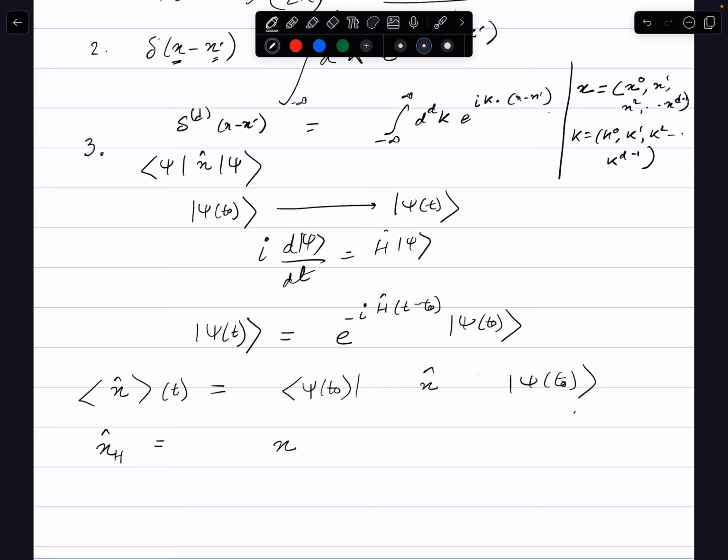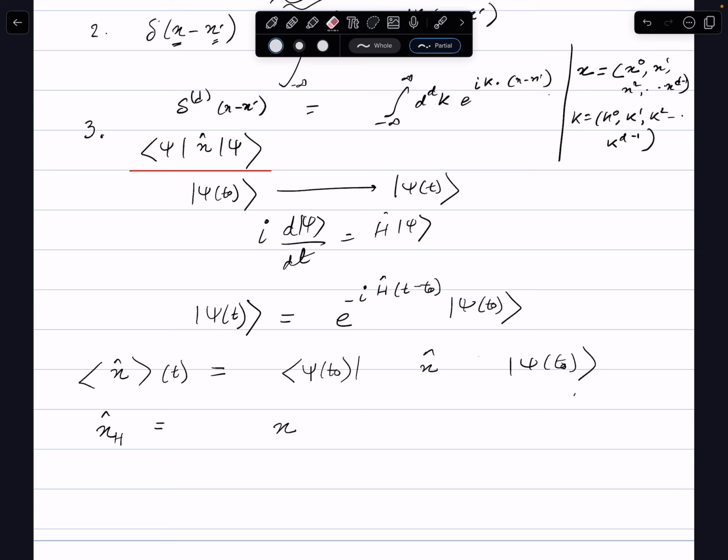So let's take the position observable x. We take measurements of x and we compute this expectation value. And generally what will happen is this will change with time. I take an electron, let us say, I measure its average position, and then 10 minutes later I come and measure again. I will see that the electron has moved. Most likely, suppose there is some electric field or something, it will have moved.